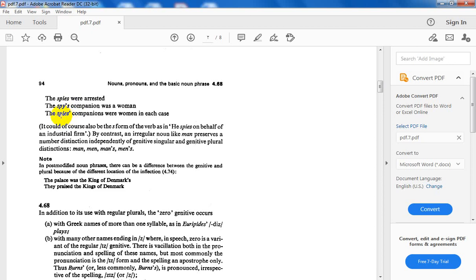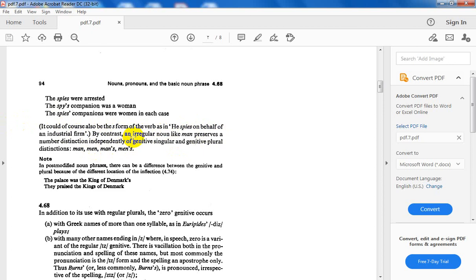So if you have a plural noun and you want to make the genitive case for the plural noun, just add the apostrophe. This is a regular plural, by the way. It could of course also be the S form of the verb, as in he spies. You see the same pronunciation.